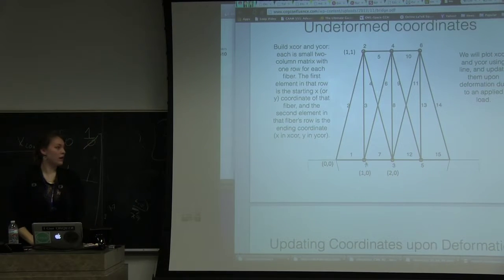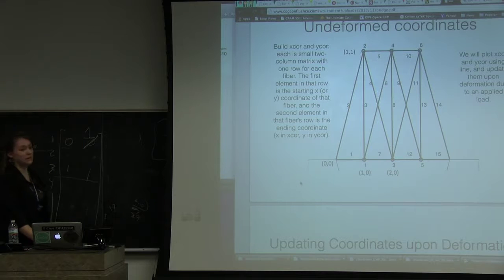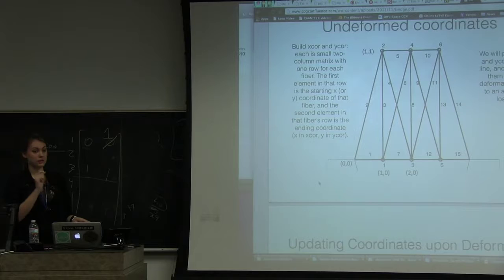0, 1. Okay. So to automate this, once you figure out how to divide that bridge into classes and create a loop structure that accommodates moving across those classes, moving arbitrarily far along the bridge, you can use that same automation scheme of dividing into classes to construct, or I claim you can, your coordinate matrices. Okay, because it's going to be different additions, but your division is, this is a vertical fiber.